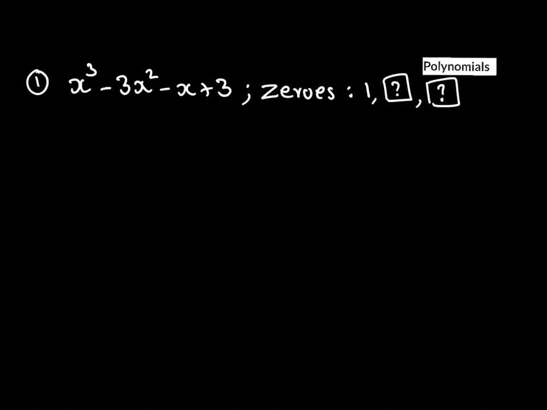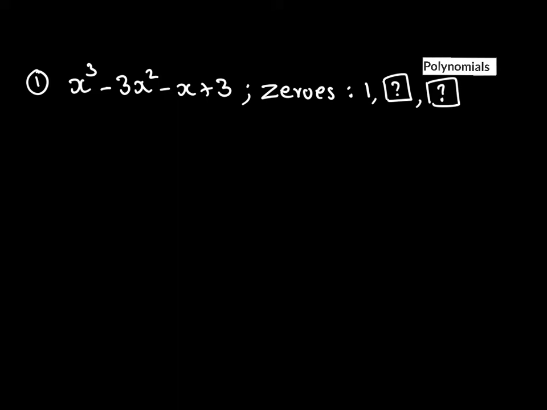Let's take this cubic polynomial, x cubed minus 3x squared minus x plus 3. One of the zeros is given as 1. Can we find out the other 2 zeros of this polynomial? Yes. How do we go about doing this?